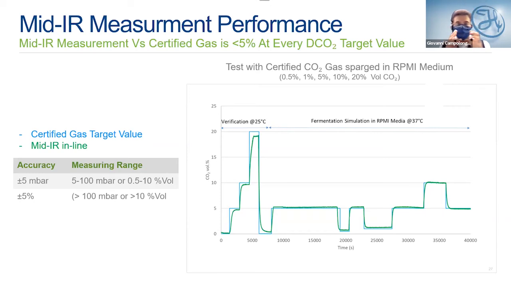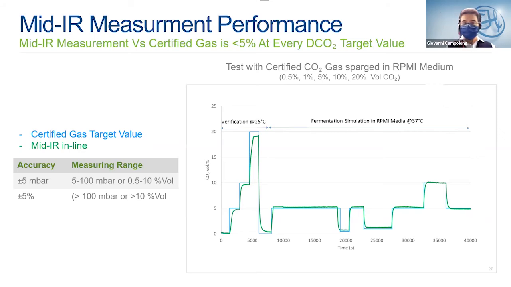So you remember before I said that Control works between 5 and 1000 millibar or 0.5 to 100% volume if we speak about volume. Now, between 5 and 100 millibar or 0.5 and 10% volume, the absolute accuracy of Control is plus minus 5 millibar. Above 100 millibar, the accuracy is proportional, plus minus 5% of the target value. What do I mean by that?